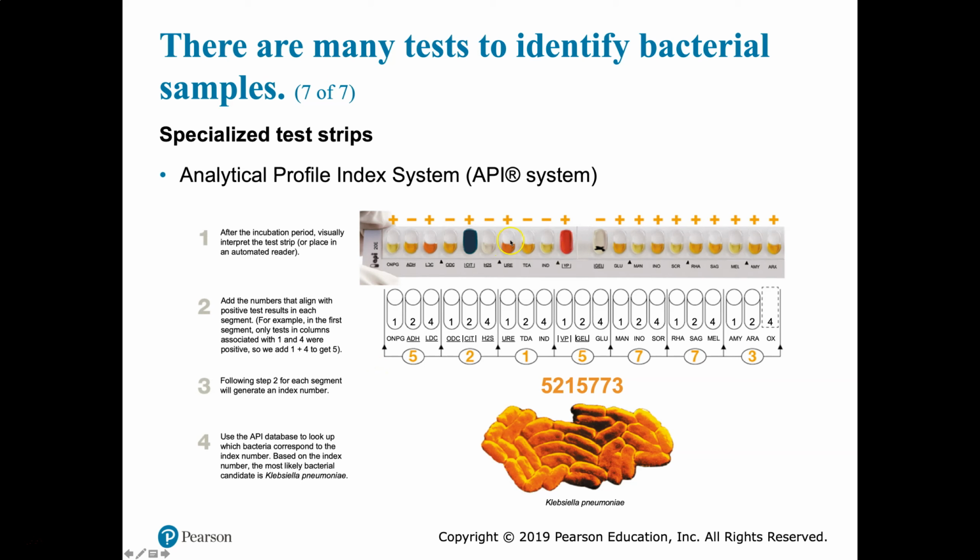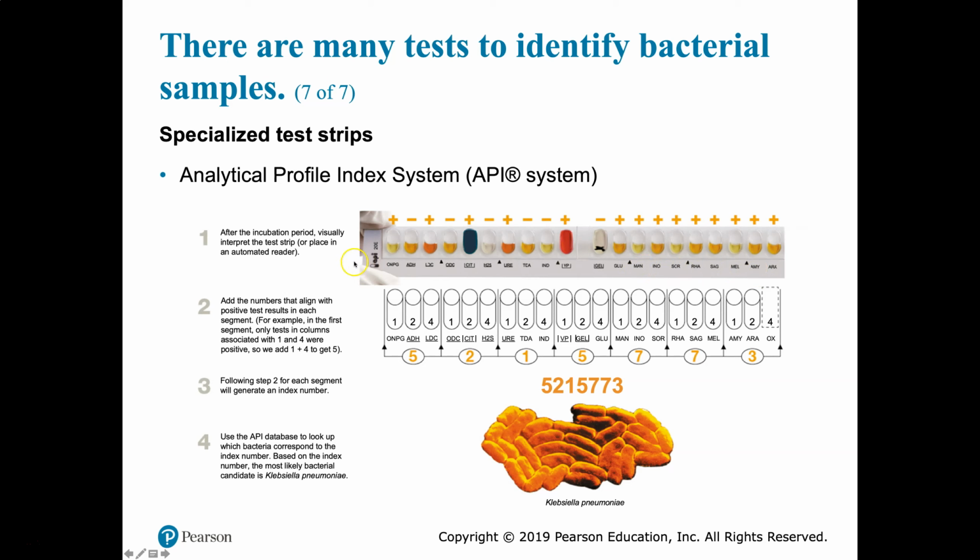at each individual test. So all of these indicate it's testing for something. This one's testing for citrate. This one's testing for glucose. This one's for mannitol. This one is for amylase.